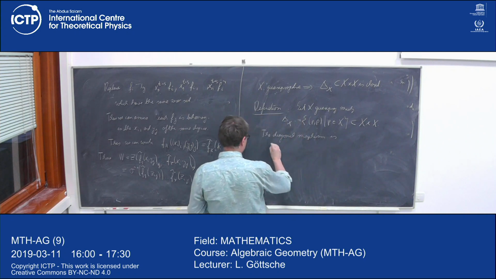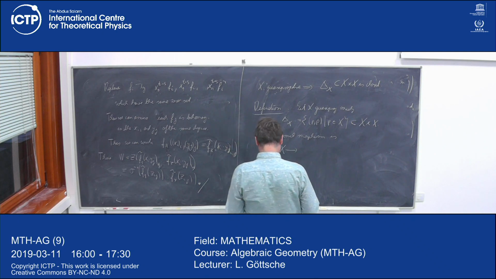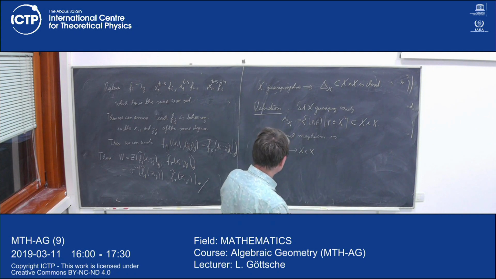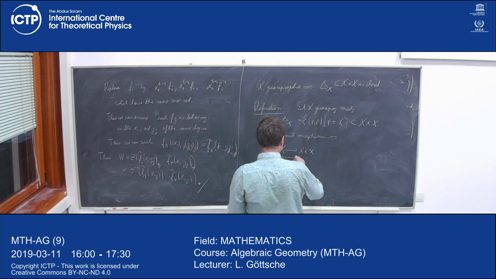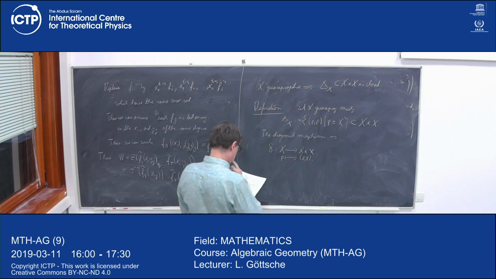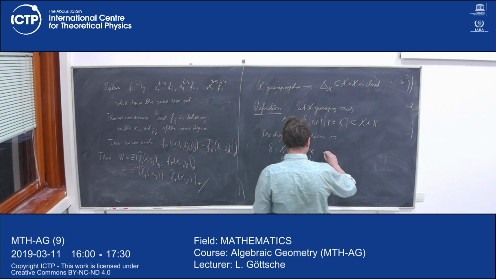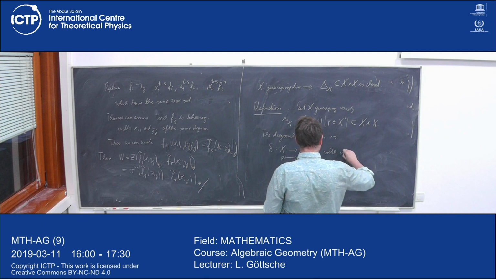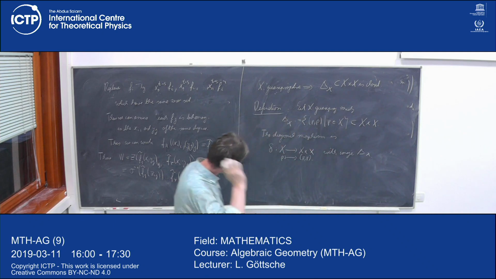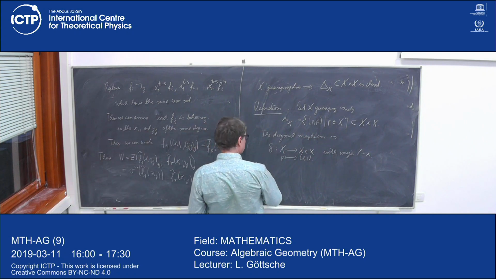This is delta from x to x times x, which just sends the point P to P times P. And then the claim is that, and obviously with image delta.